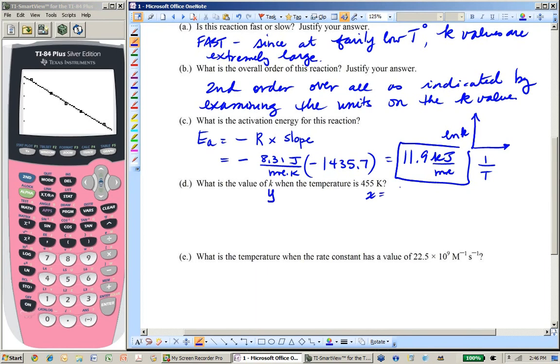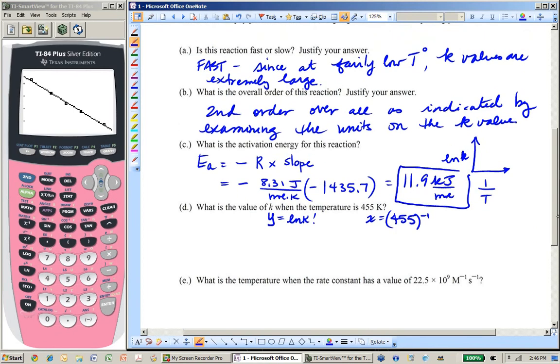But does X equal 455? No. X equals the reciprocal of that. So it equals 455 to the minus 1, or 1 over 455 if you prefer. And then when I get Y, Y is going to equal ln of K, so I'll have to take the inverse natural log of that.